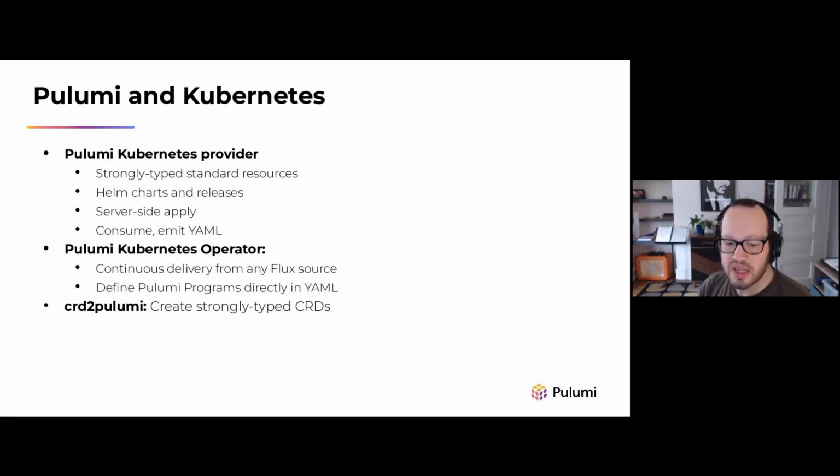If you are into the GitOps way of doing things, we also support a Kubernetes operator. So you can use that from any Flux source and manage your Pulumi programs that way. And then we also have a tool called CRD to Pulumi, which, if you have any CRDs, you can point CRD to Pulumi at that, and it will generate Pulumi code for you. So you will get strongly typed custom resource definitions.